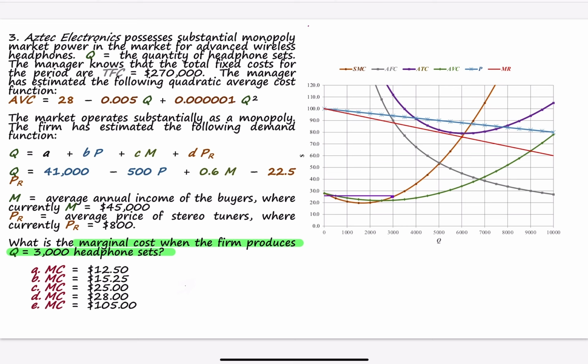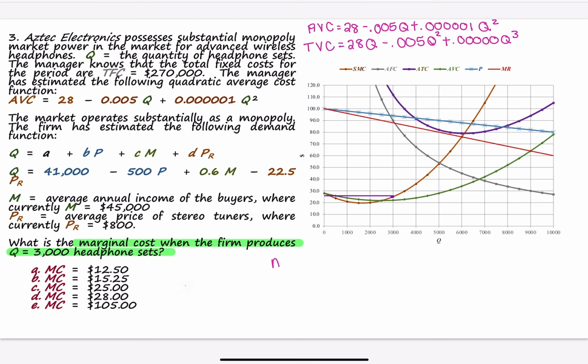So we already know that our average variable cost is 28 minus 0.005 Q plus 0.00001 Q squared, which means that our total variable cost is 28Q minus 0.005 Q squared plus 0.00001 Q to the third.